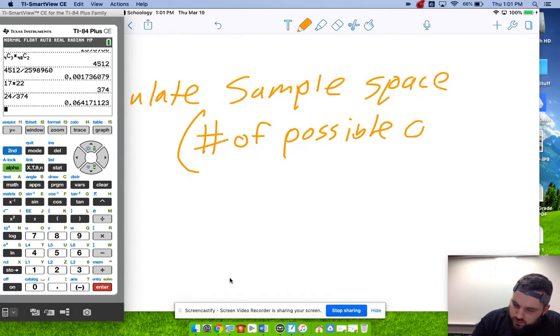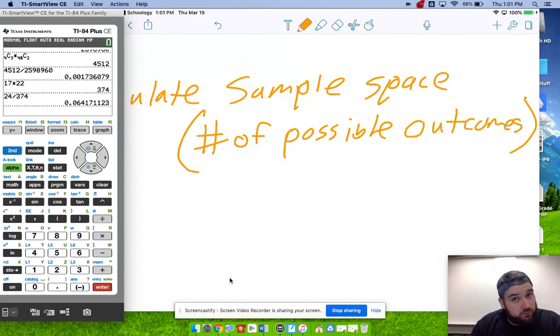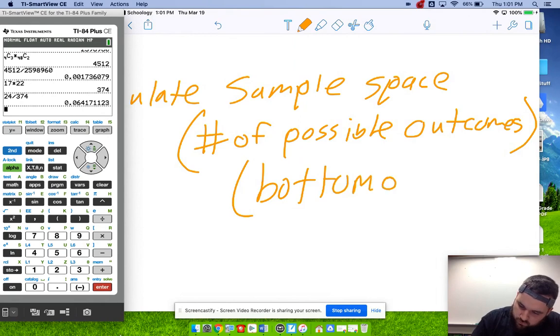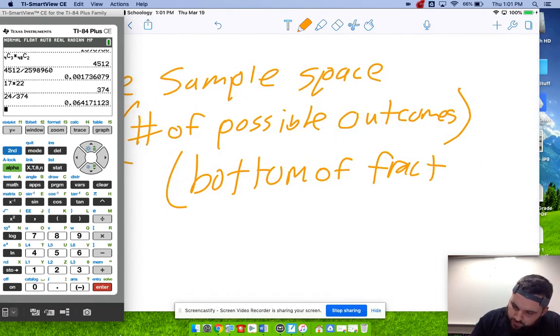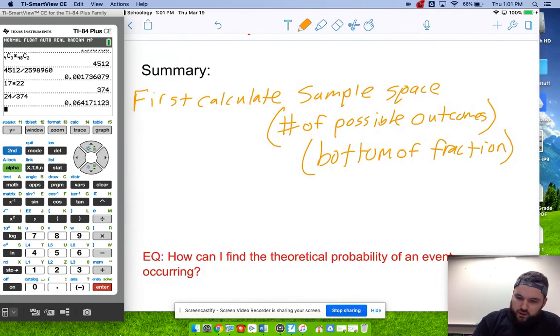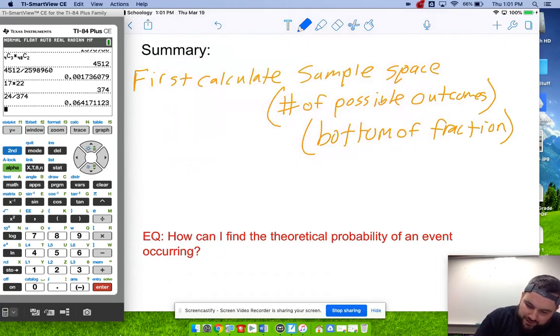And the sample space goes where? In the probability fraction, it goes on the bottom. Again, it's a personal preference. The bottom of the fraction we're going to calculate first, and then we can calculate the event space.